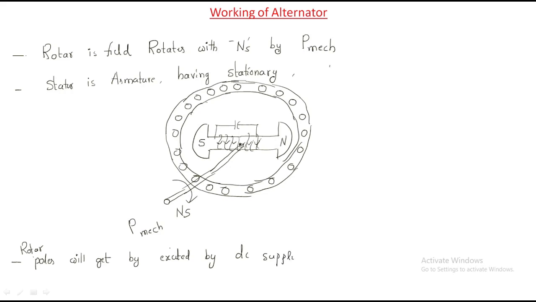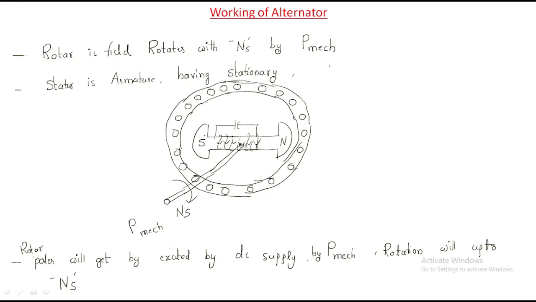So by giving the DC supply, poles will be generated, and by mechanical power, the rotor will rotate up to synchronous speed. That means by giving the rotation, the rotor rotates with the synchronous speed.